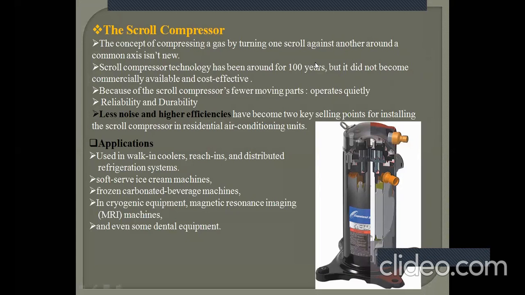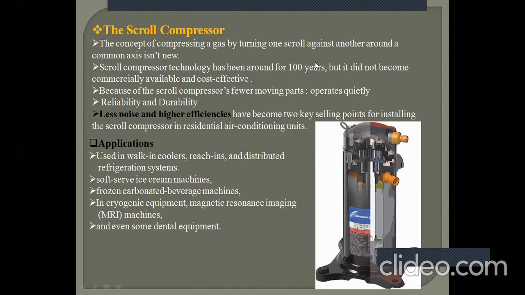And right now lots of industries are showing interest, and lots of refrigerating machines are using these scroll compressors because they have fewer moving parts. That's why they operate quietly compared to their counterpart, the reciprocating compressors.